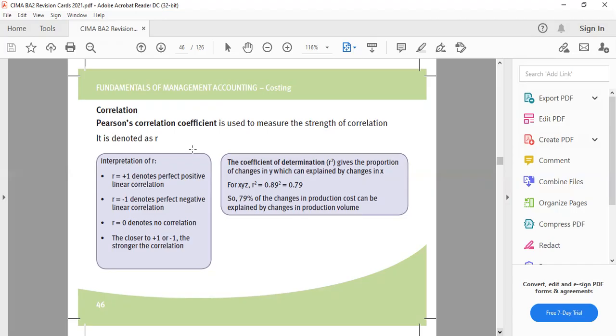So that is closer to 1. So 79% of the changes in production cost can be explained by changes in production volume. So there is a relationship. It is strong because it's closer to 1. And whenever there is a change in one variable, that will result in a change in the other variable also.